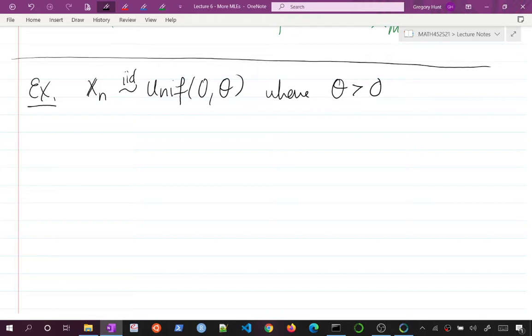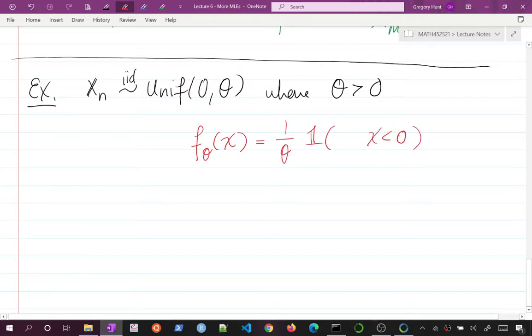Now, things to check. This is not an exponential family. Why? This means we could run into some trouble. If you look at the marginal distribution of any of my x sub n's, it is 1 over theta for x between 0 and theta.